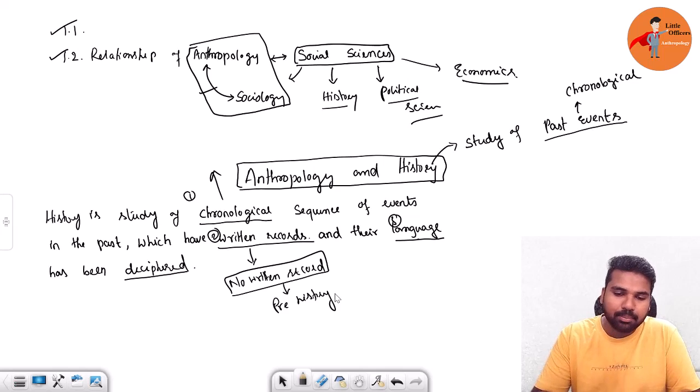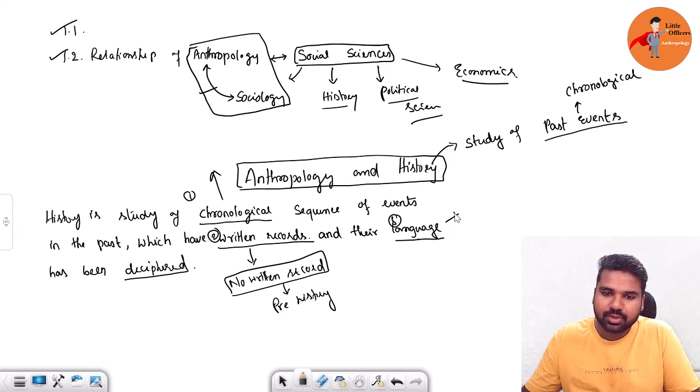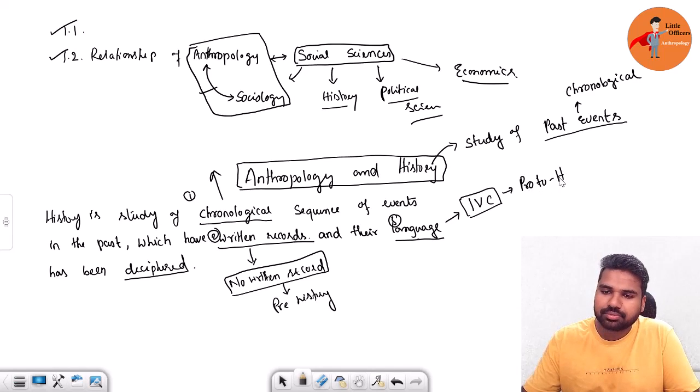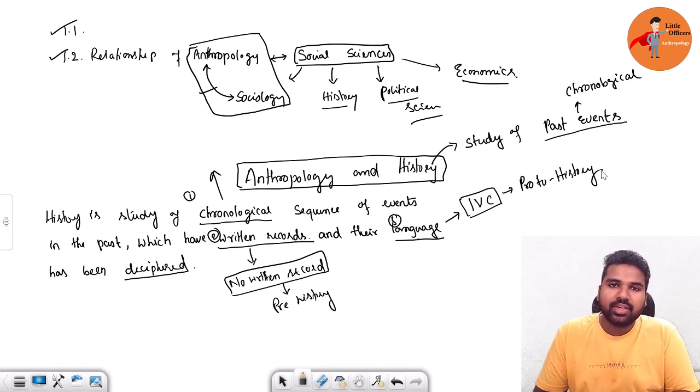The best example is the Indus Valley civilization. It has a pictographical script, but the script has not been deciphered yet. So we call such a past which has a script but which is not deciphered, proto-history.